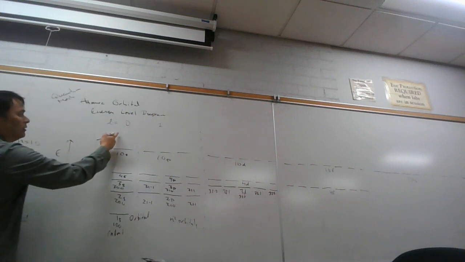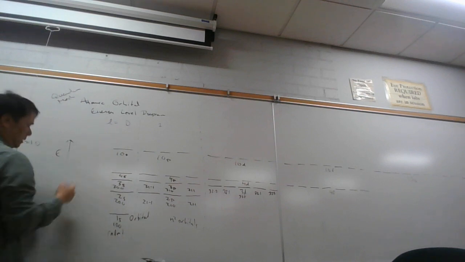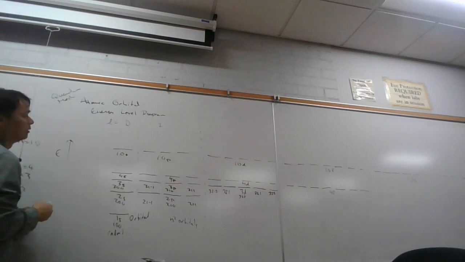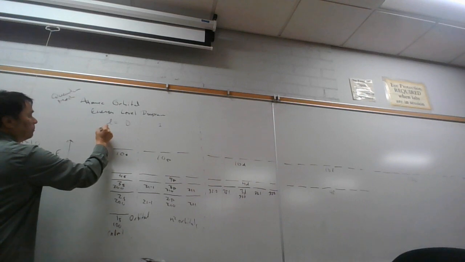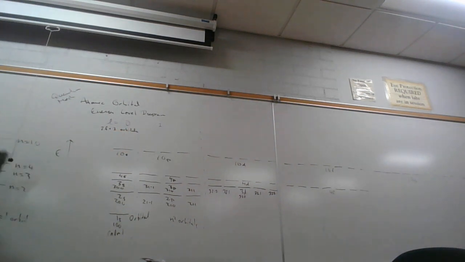So the pattern goes, we have these 2L plus 1 orbitals. So if we know what the L is, then we can figure out how many orbitals.